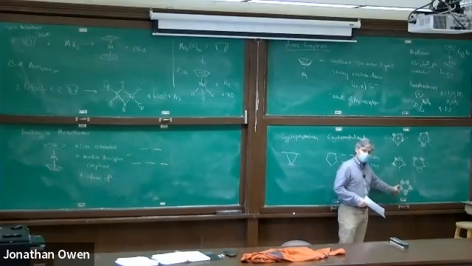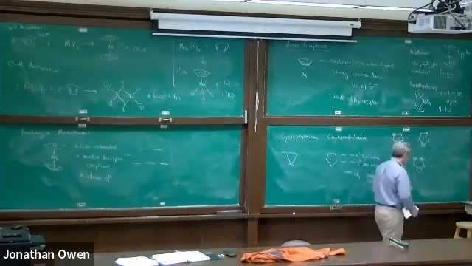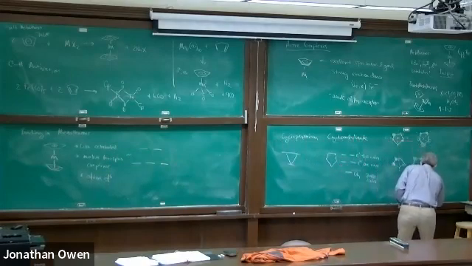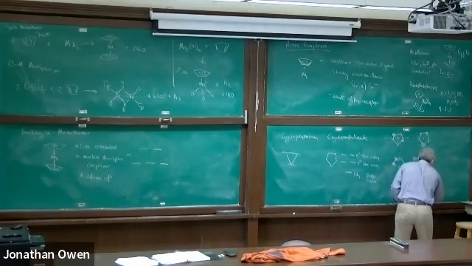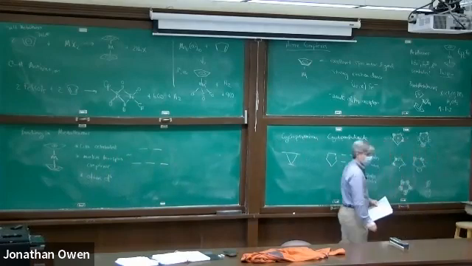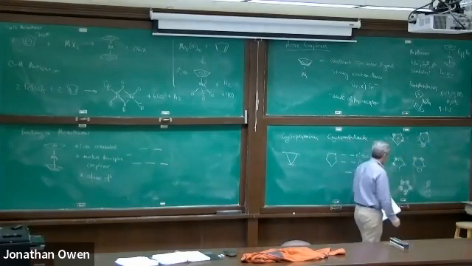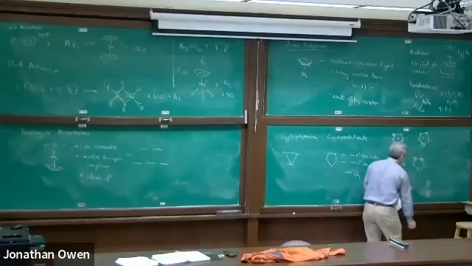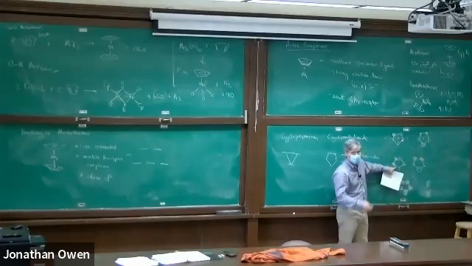This thing, when sitting on a metal, makes a nice connection to dz squared. The dz squared orbital points right up at this and makes a nice connection. For these two, there's a node along the metal.